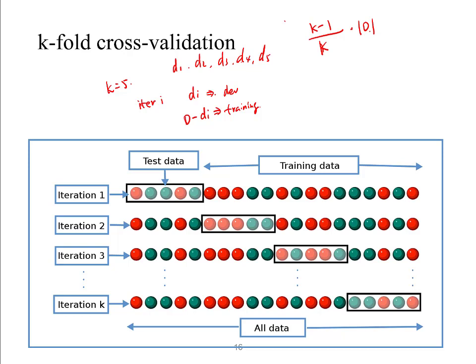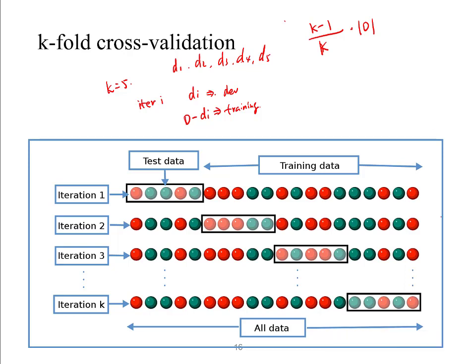And after k iterations, we have used all the data as development data once. So we evaluate the model on all the data, on the development data, which is essentially all the data.